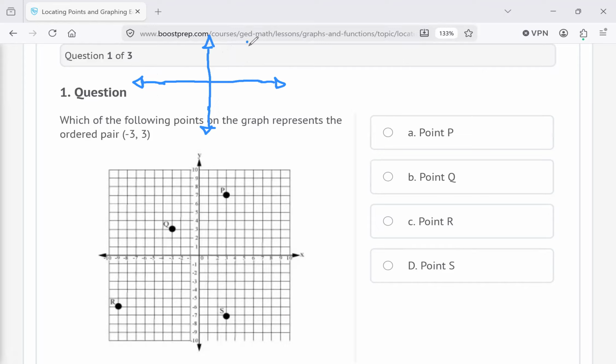This is quadrant one, this is quadrant two, this is quadrant three, and then this is quadrant four. Okay. So if you graph points, let's talk about some vocabulary.